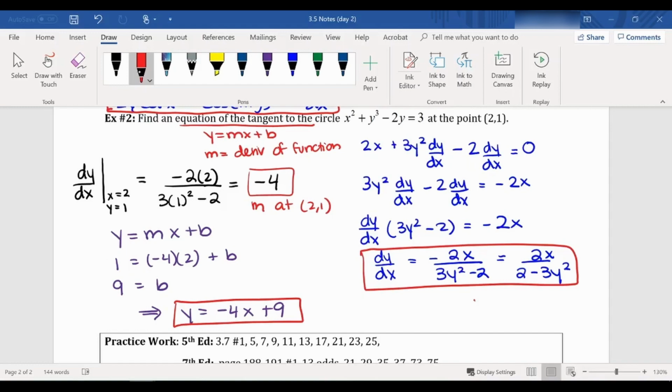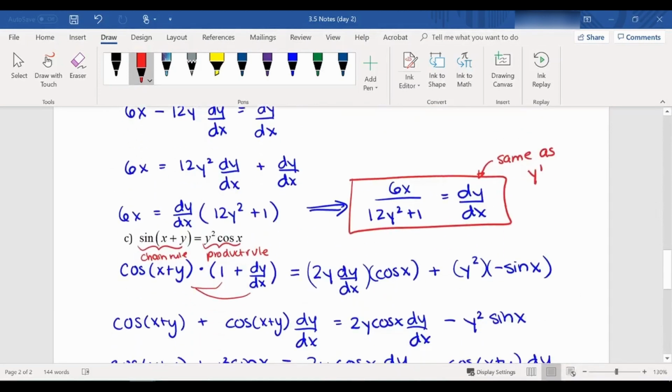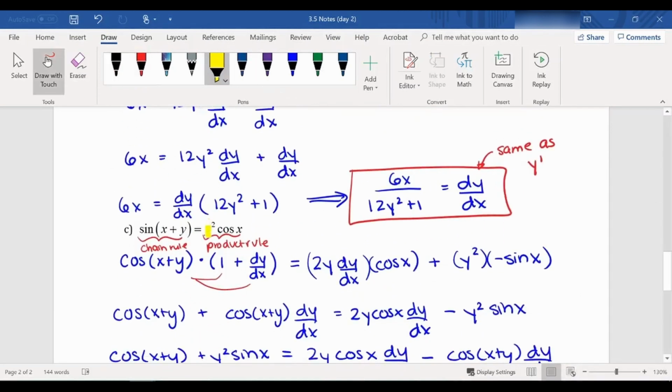So if you have something like we had up here, like this guy, the y squared and the cosine x, that is a product of two separate functions, so you do need product rule there. If I have something like y cubed times x squared, we need product rule. We can't just leave the y alone.